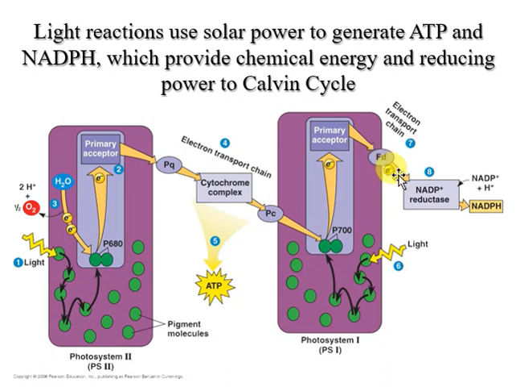Now, an enzyme called NADP plus reductase catalyzes the transfer of the electrons from ferredoxin to NADP plus. For the reaction to occur here, you need 2 electrons.